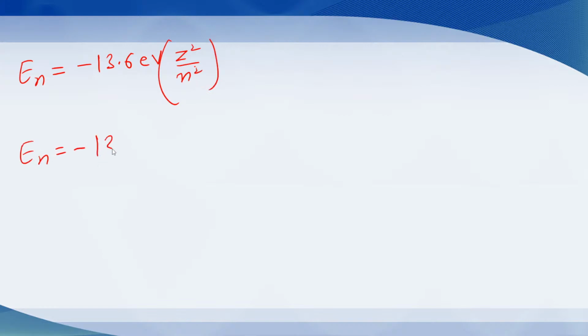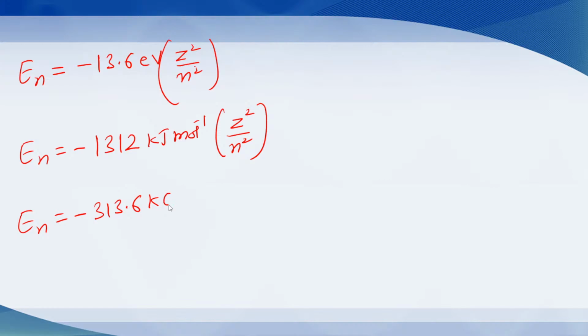If we take other units, then energy is equal to minus 13.6 electron volt Z square over n square. This energy is equal to minus 1312 kilojoule per mole Z square over n square, or it is equal to minus 313.6 kilocalories per mole Z square over n square.